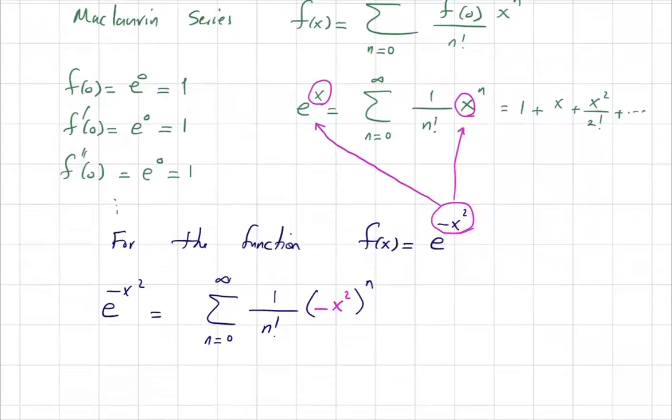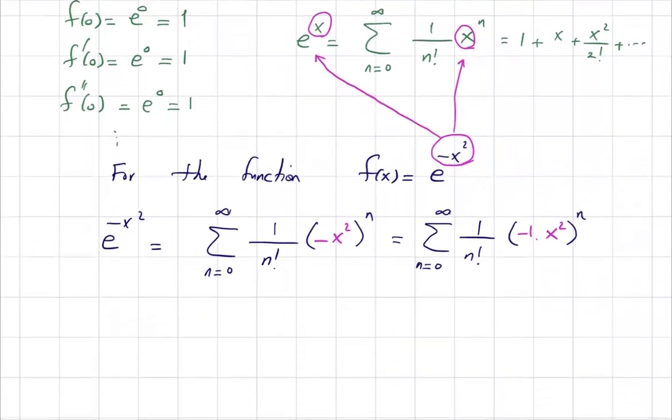So this can be written as the summation of 1 divided by n factorial, negative 1 times x squared to the power n, starting from 0 to infinity. So e to the power negative x squared can be written as the summation of 1 over n factorial, negative 1 to the power n times x to the power 2n, starting from 0 to infinity.